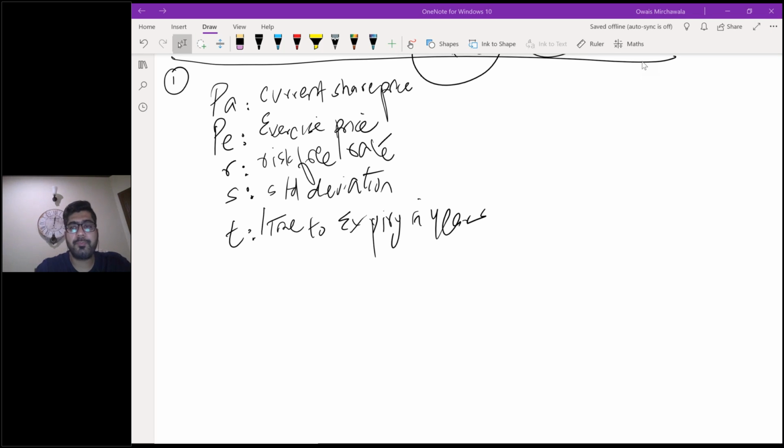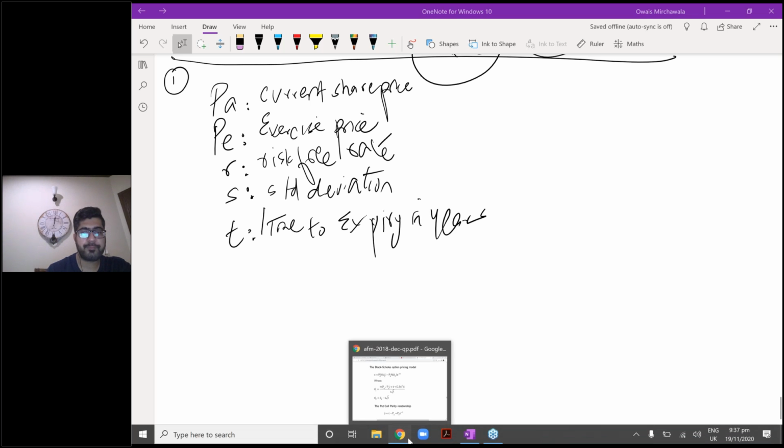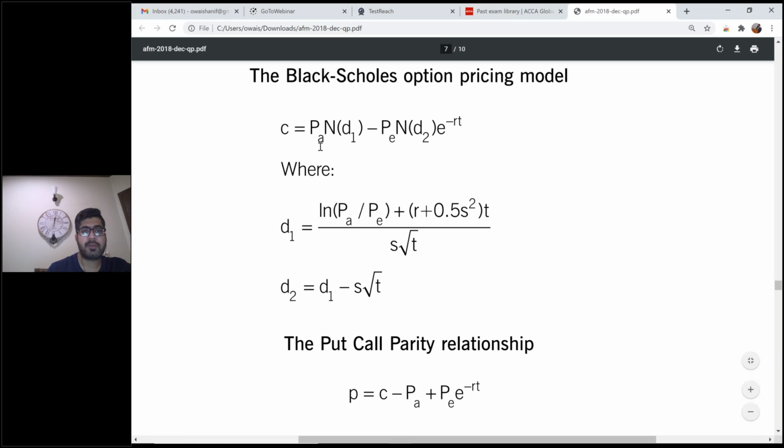Now I would advise you, if you want to apply call and put option values in the exams, you will see the formula has 5 things. I have told you what these 5 things mean, but together with them, there are 2 more things coming in the formula: D1 and D2.